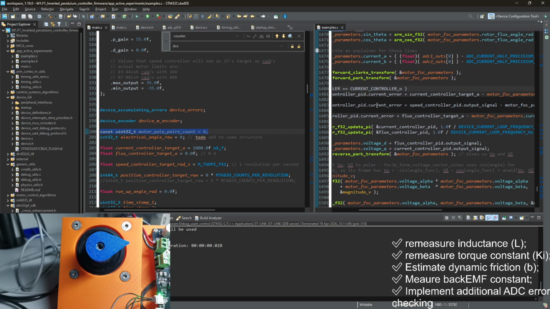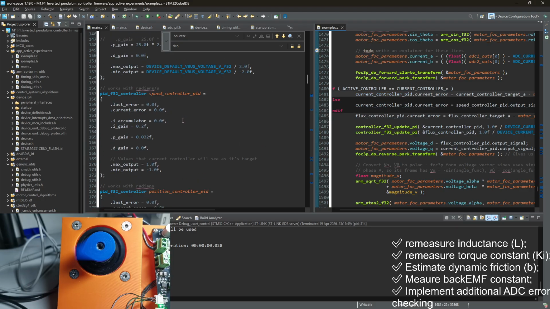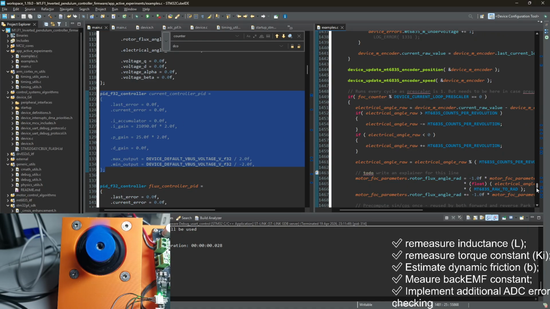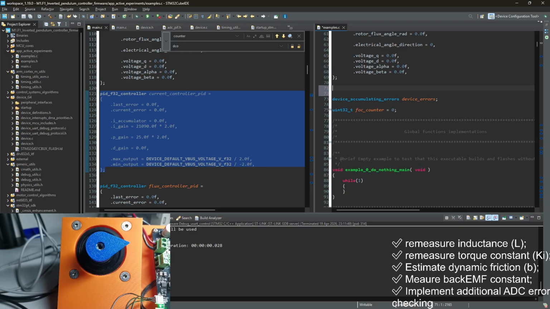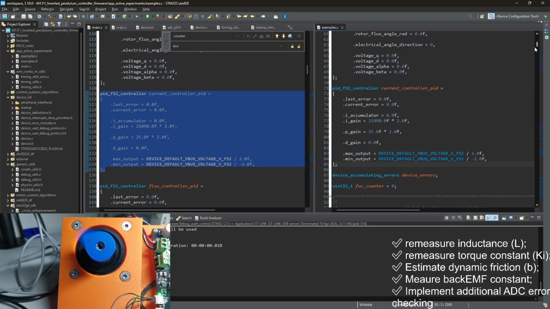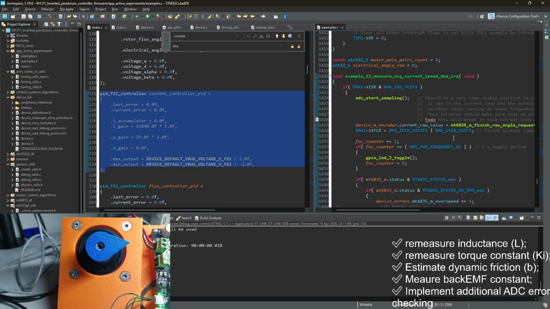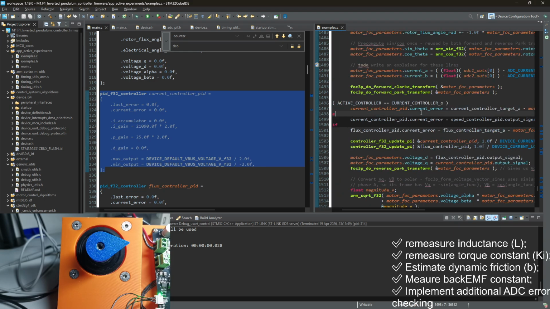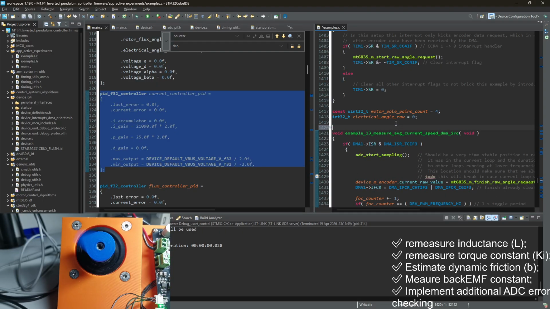FOC, FOC. Oof. I don't have a current controller. Okay. Let's add it. Current controller. Let's add it here. So what else do we need for this example? We need a target.